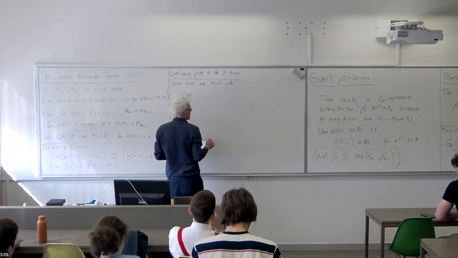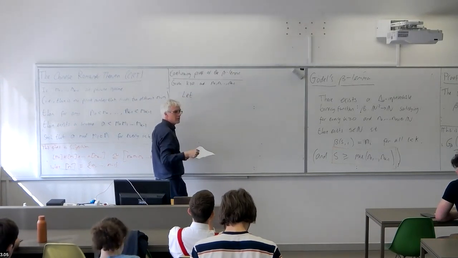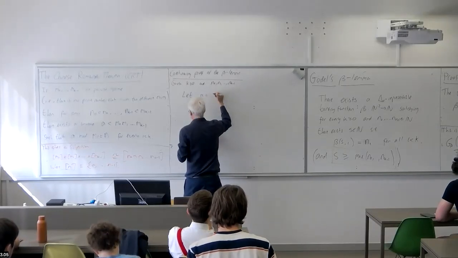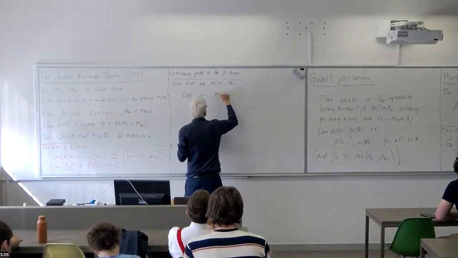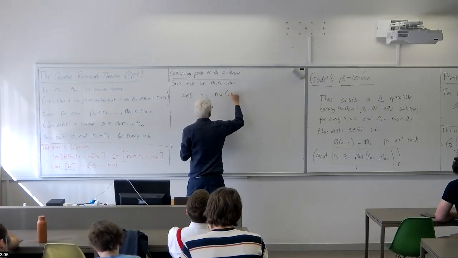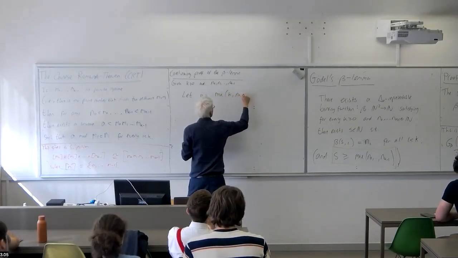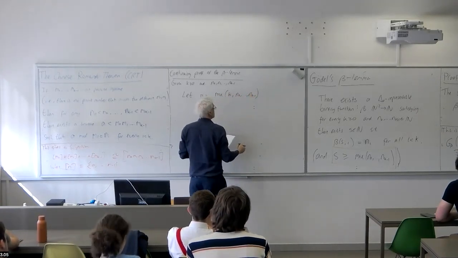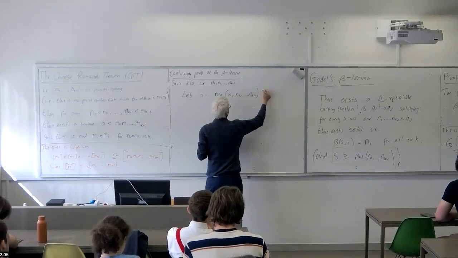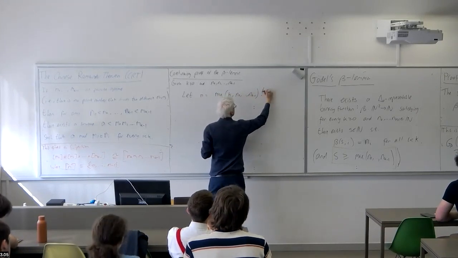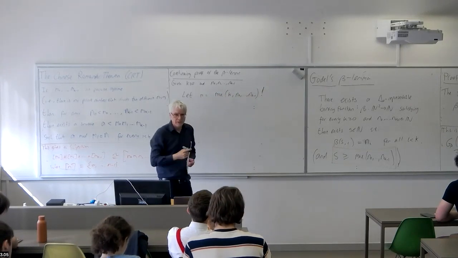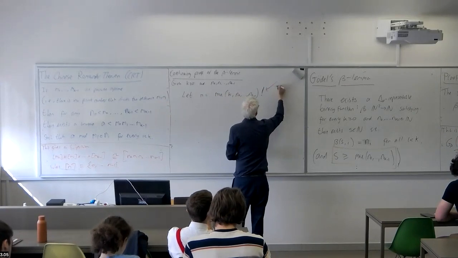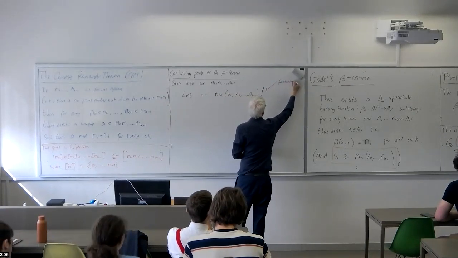But in order to get enough pairwise coprime numbers, we need to use some rather large numbers. So we let m be the maximum of k and n0 all the way up to nk minus 1, but we factorial that. So we're dealing with rather huge numbers here. Just to emphasize, that's not an exclamation mark, that's factorial.